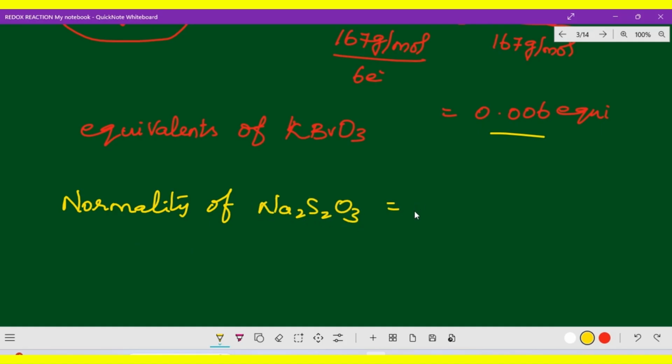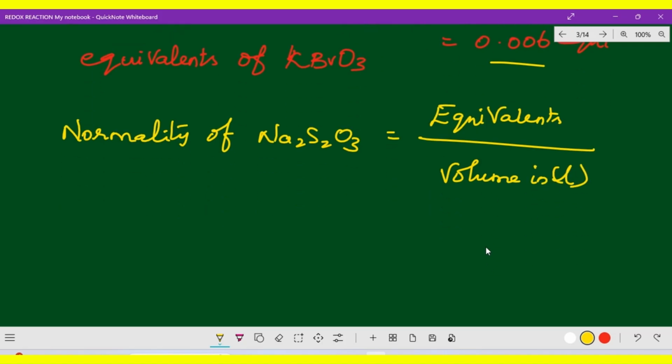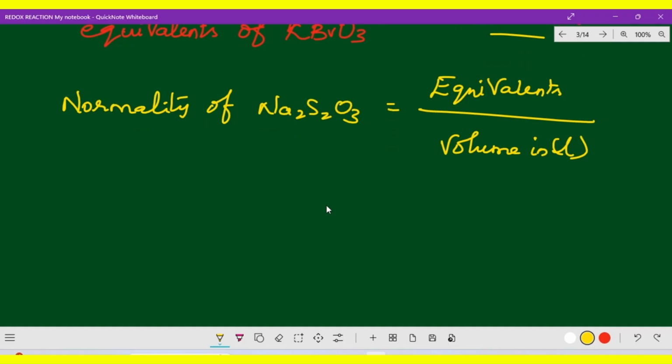What is the formula we can use? Equivalents divided by volume in liter. Here the equivalents is 0.006. Now for volume in liter, they have given 50 ml, so make it liter.